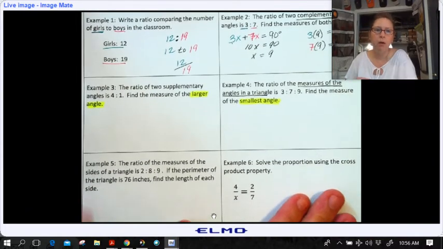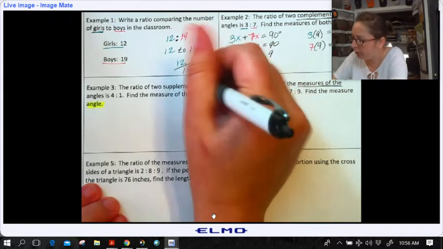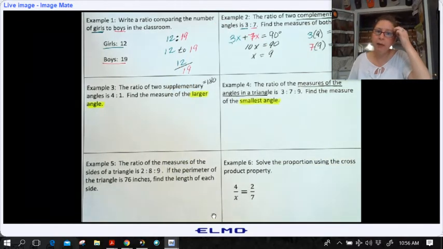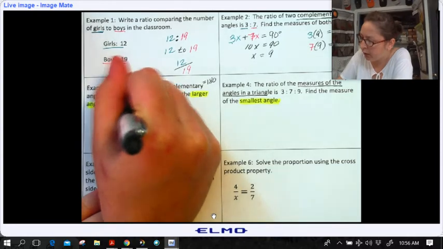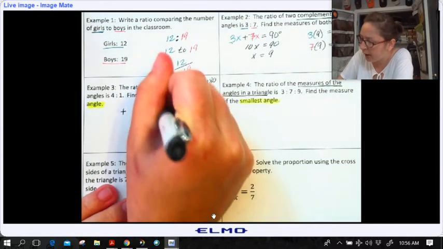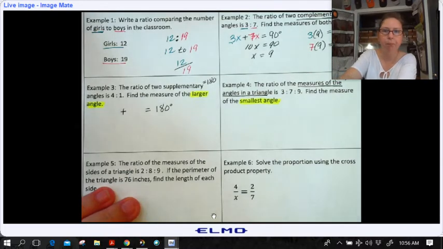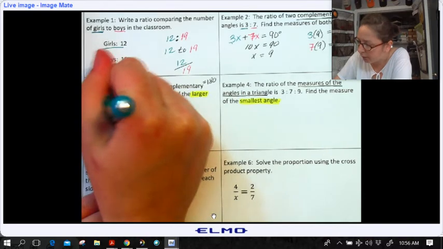Example 4. The ratio of two supplementary angles. Remember, supplementary, the note at the top was 180 degrees. So we're going to take two supplementary angles, add them together, and they're going to equal 180 degrees. The ratio here is 4 to 1.